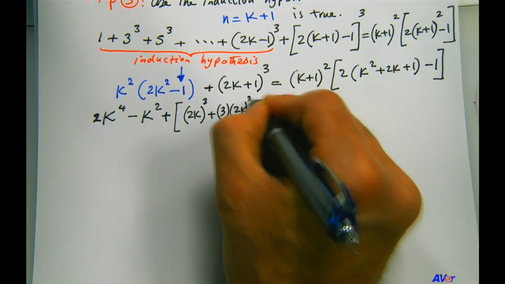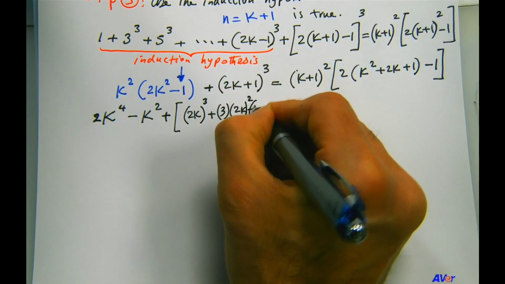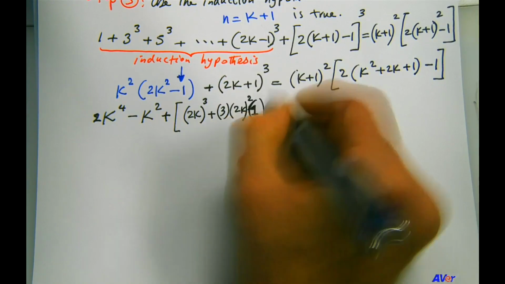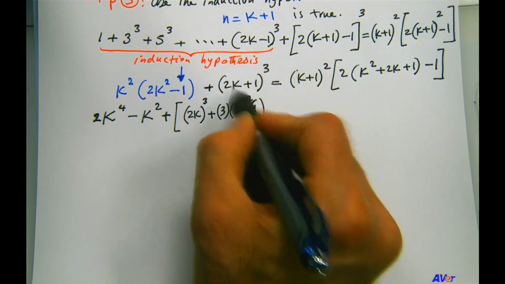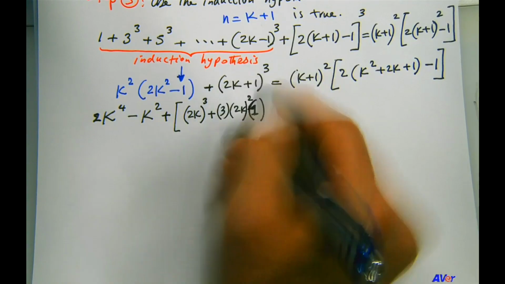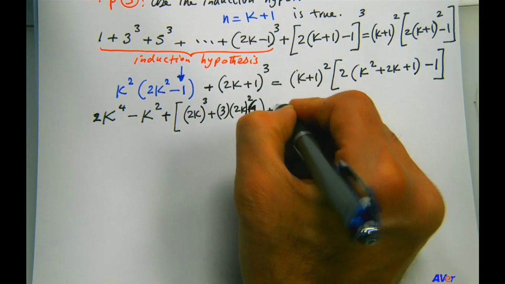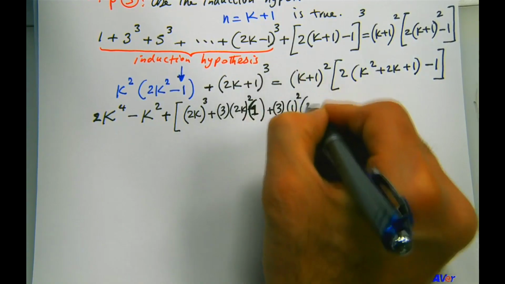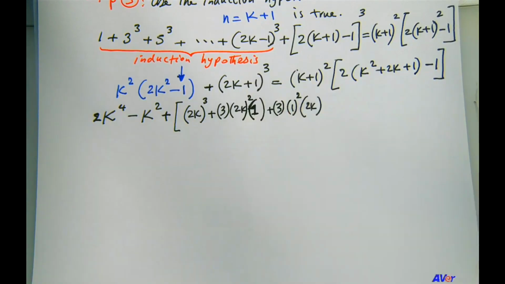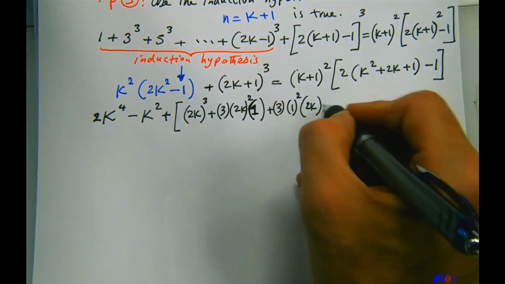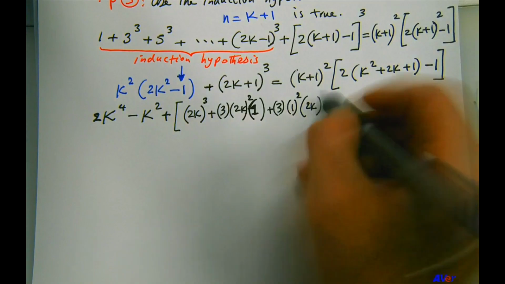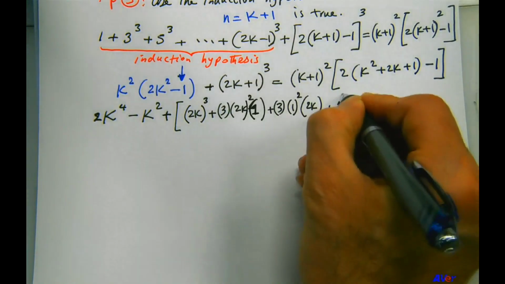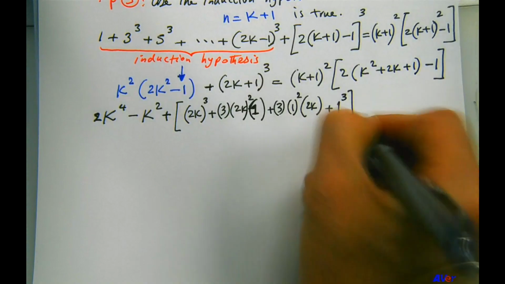So 3 times this term squared times 1, then plus 3 times 1 squared times 2k. Okay? And then plus, of course, 1 cubed, close bracket.